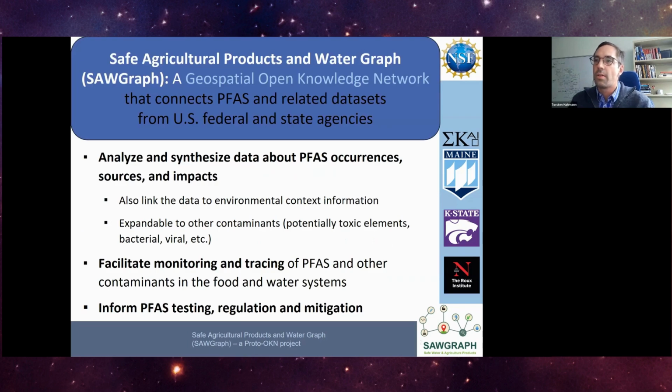So the intent of SAWGraph is to build a geospatial open knowledge network that connects PFAS, so PFAS are contaminants, and other related data sets that are needed to understand PFAS contamination and its impact on water and food supplies.